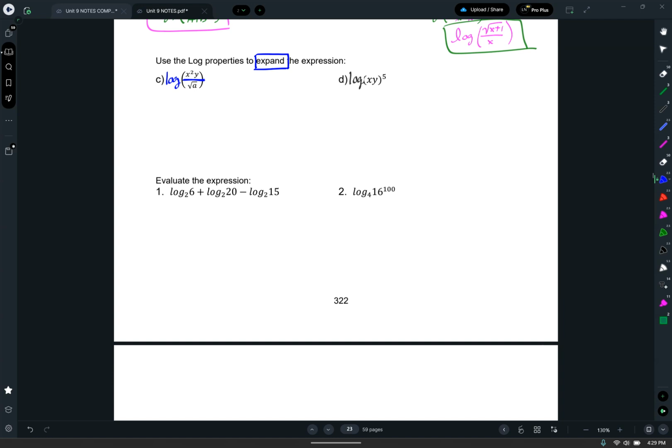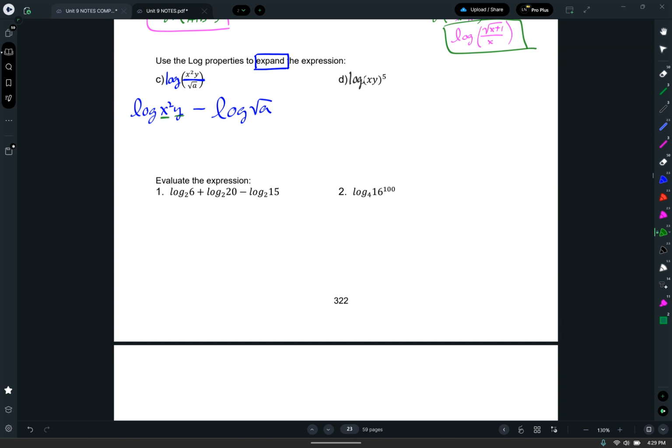So now, the fact that it's a fraction, I'm going to say log of the top, which was x squared y, minus log of the bottom, which was square root of a. Okay, so that's me doing the subtraction. But then look over at that first logarithm. Do you see that that logarithm actually has multiplication?